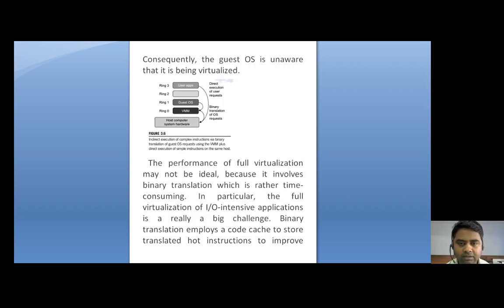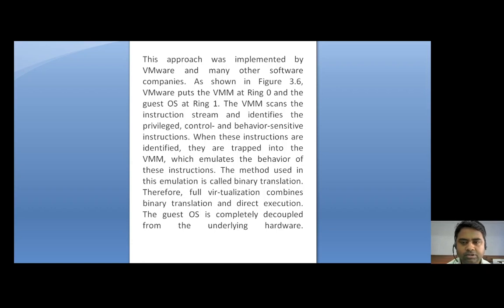The virtual machine monitor scans the instruction stream and identifies the privileged, control, and behavior-sensitive instructions. When these instructions are identified, they are trapped into the virtual machine monitor, which emulates the behavior of these instructions. The method used in this emulation is called binary translation.